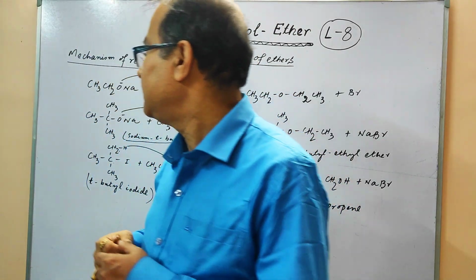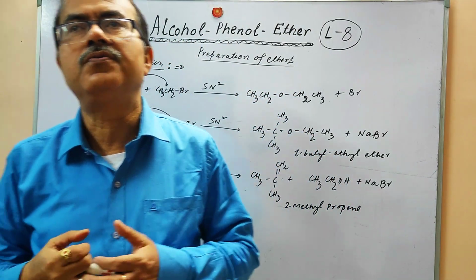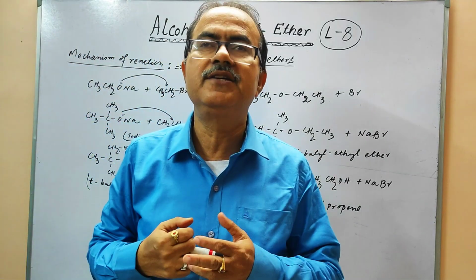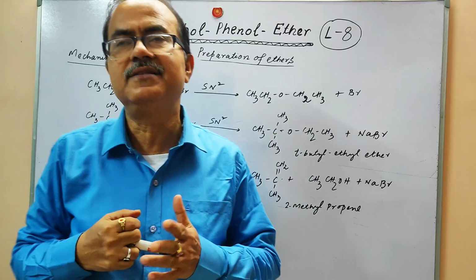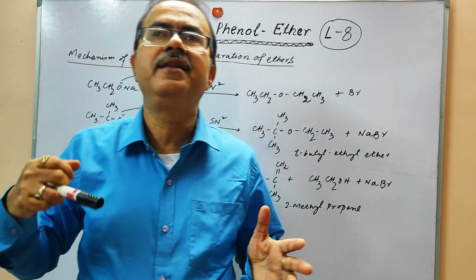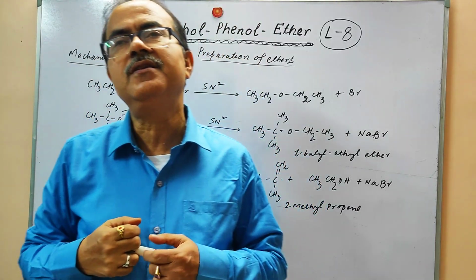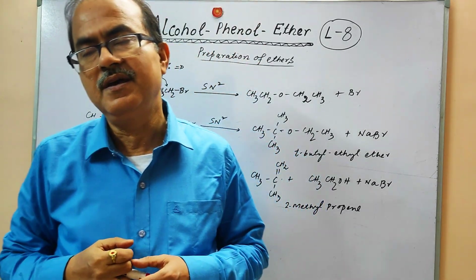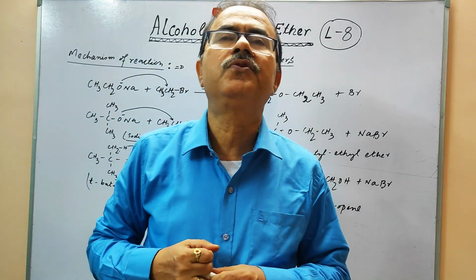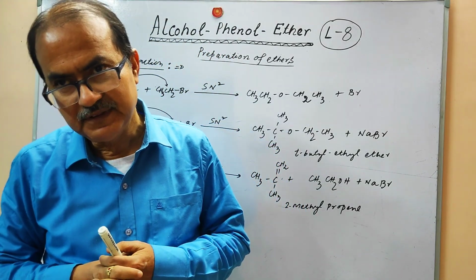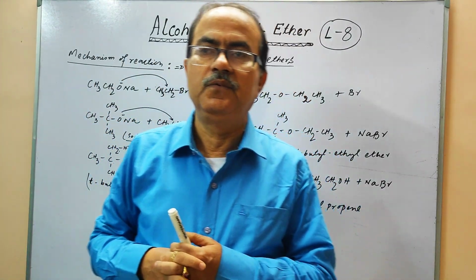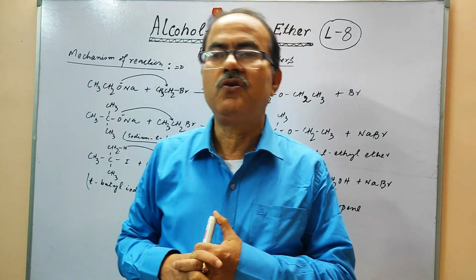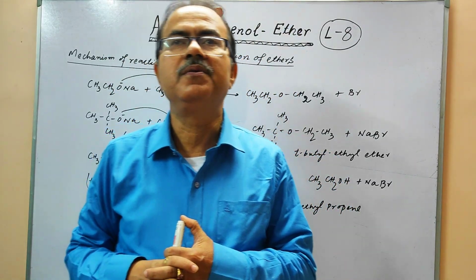So we have discussed the different methods of preparing ethers. First we discussed the acid dehydration, then the catalytic dehydration, then the addition of diazomethane, then Williamson synthesis, and additions of the alkenes, and that is all for today's lecture. We will meet in the next lecture with the properties of the ether. Thank you very much for watching.